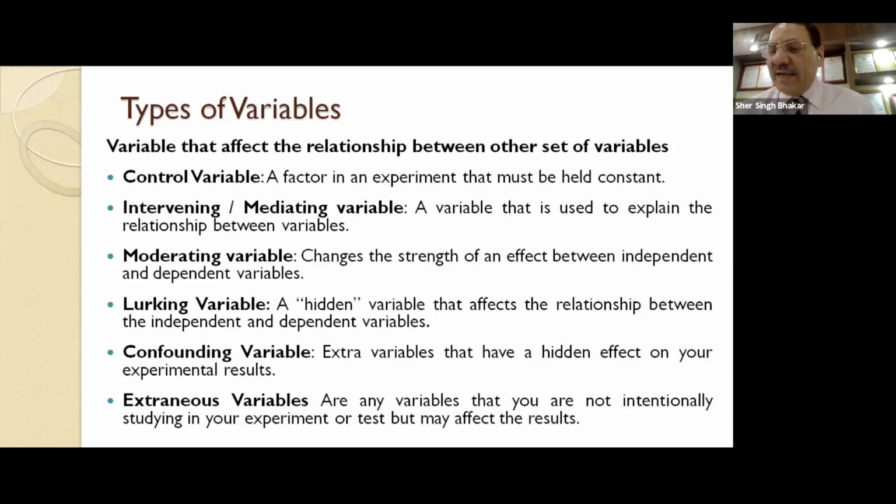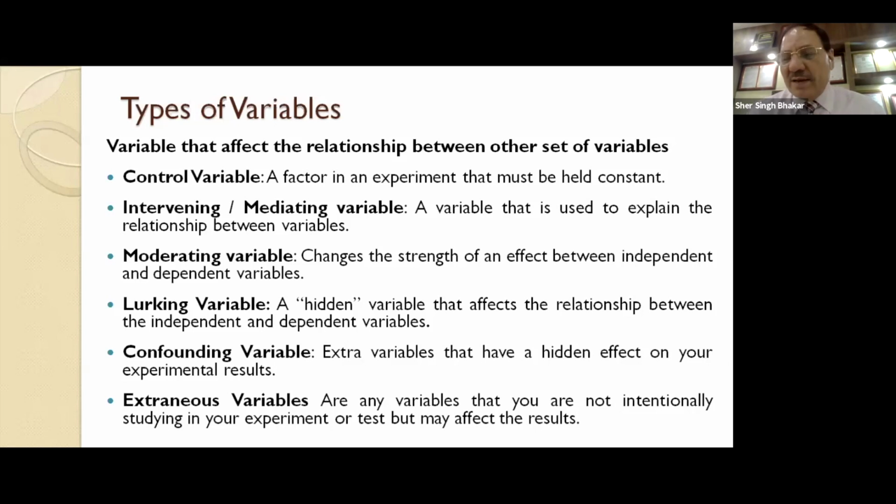That means if you are looking at, say, income affecting the relationship between customer satisfaction and customer loyalty, we may take one income group and carry out the study on that. That means we have controlled for income.